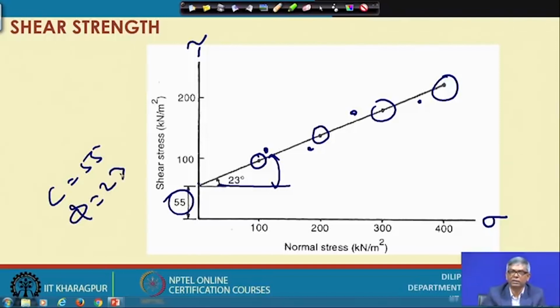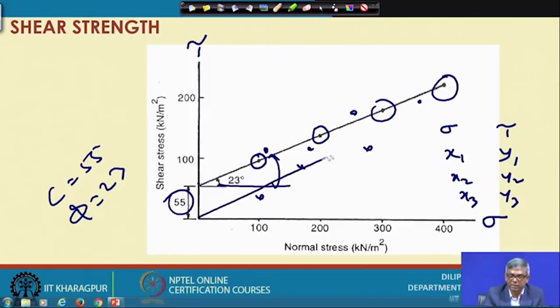And as I have mentioned, most of the time if a cohesionless soil is tested in the direct shear apparatus, then if you apply sigma and get tau, suppose you get some value x and some value y, like x1 y1, x2 y2, x3 y3, and those points are like this, then we can have a best fit line like this, and then directly measuring this angle we can find the value of phi.